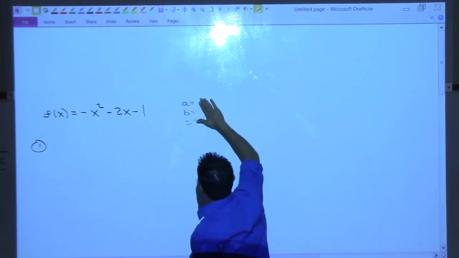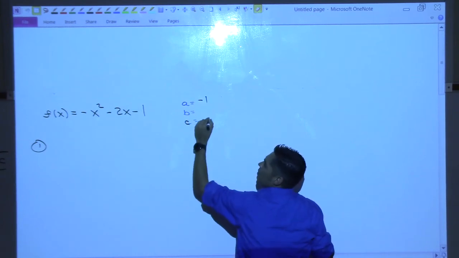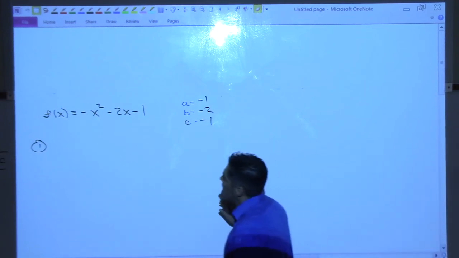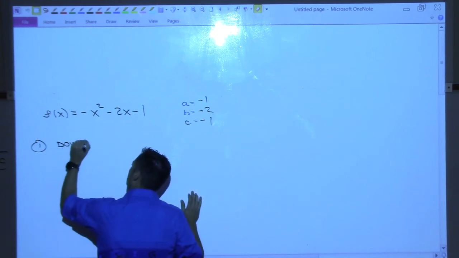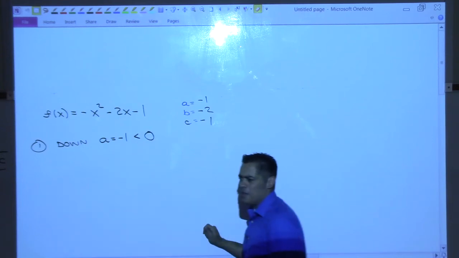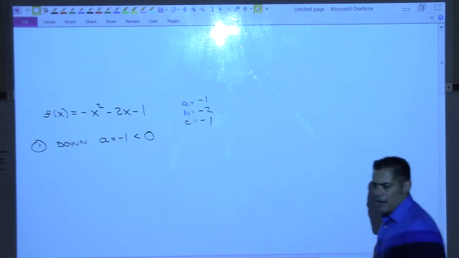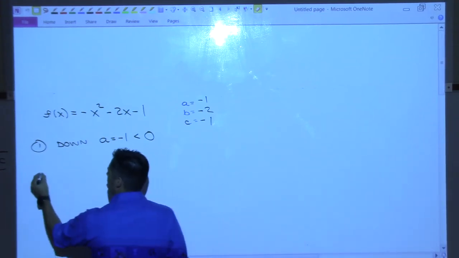Robert, what's our A, B, and C here? Let's get that down. -1, -2, -1, right? Okay, so Robert says it opens down because A is -1, which is less than 0. So again, this one opens down, right? Okay, second step. Right, you're done, right? You ready? What are we doing for the second step?